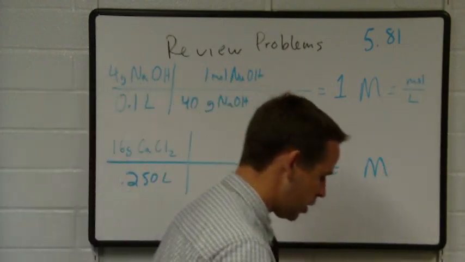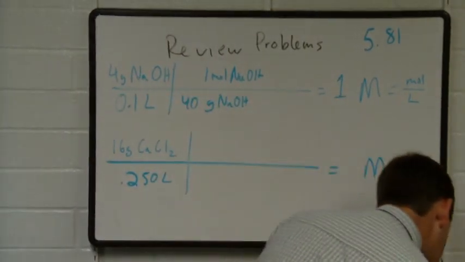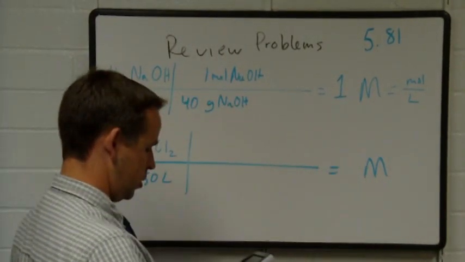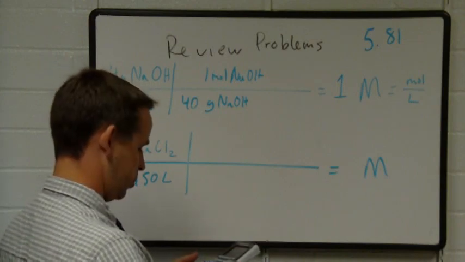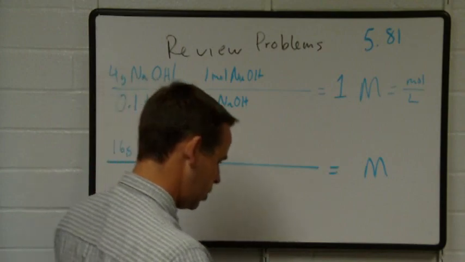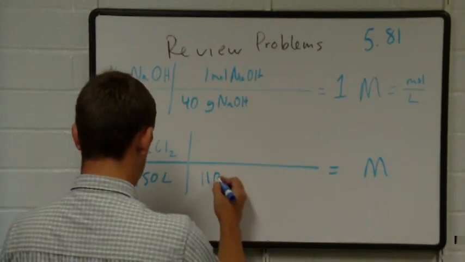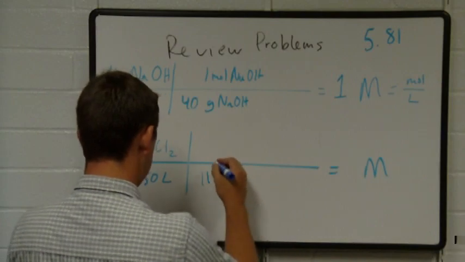Well, calcium chloride, calcium is 40, chloride is 35.4 times 2 plus 40, 110.8 grams for every 1 mole.